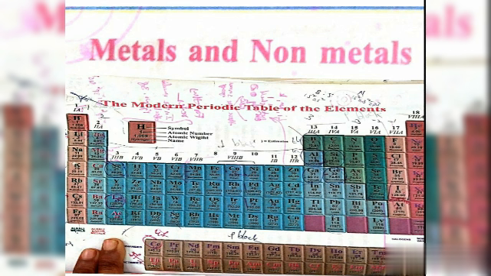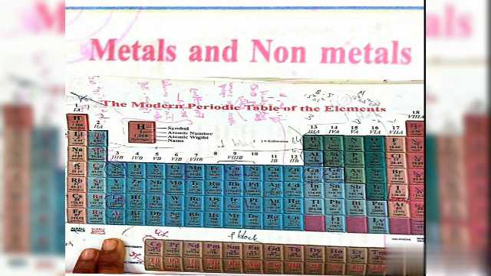The elements with 3 or fewer electrons in the outermost shell are considered to be metals, and those with 5 or more electrons in the outermost shell are considered to be non-metals.